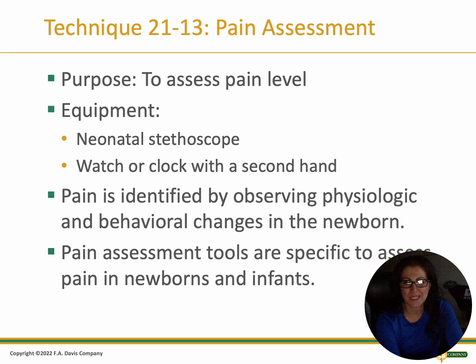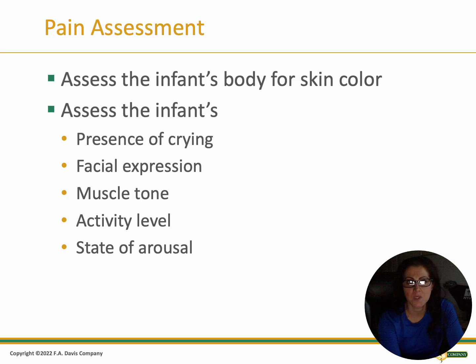And then infants don't really tell you if they're in pain. A lot of times you have to kind of identify the signs that they're exhibiting. So when we're assessing for pain, we're looking at their body for any skin color. Usually when they're in pain, their skin color isn't pink. They're very, very pink. They're crying.